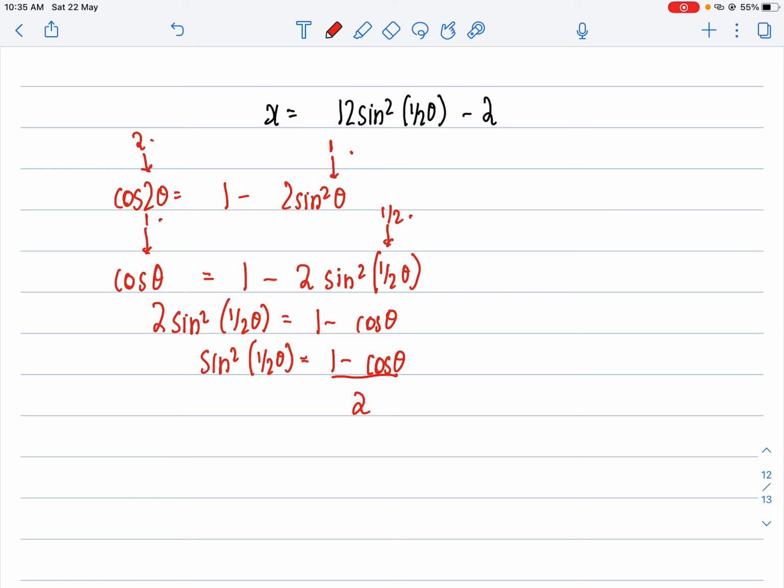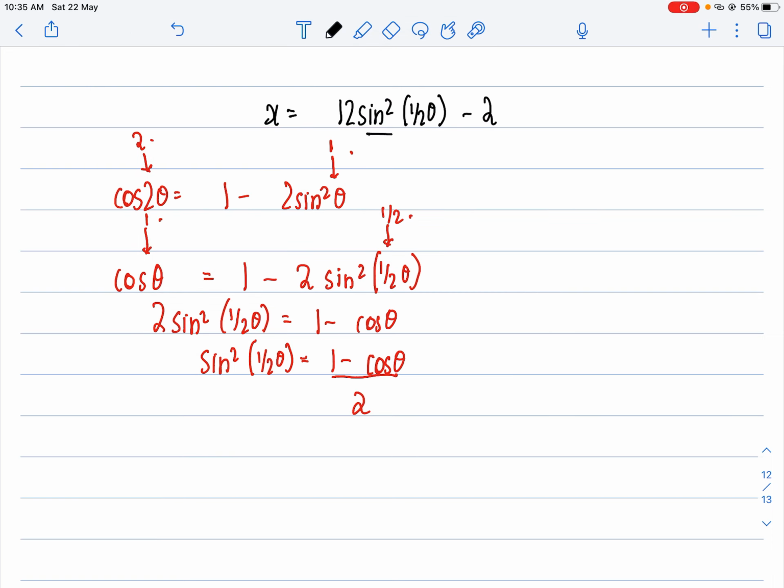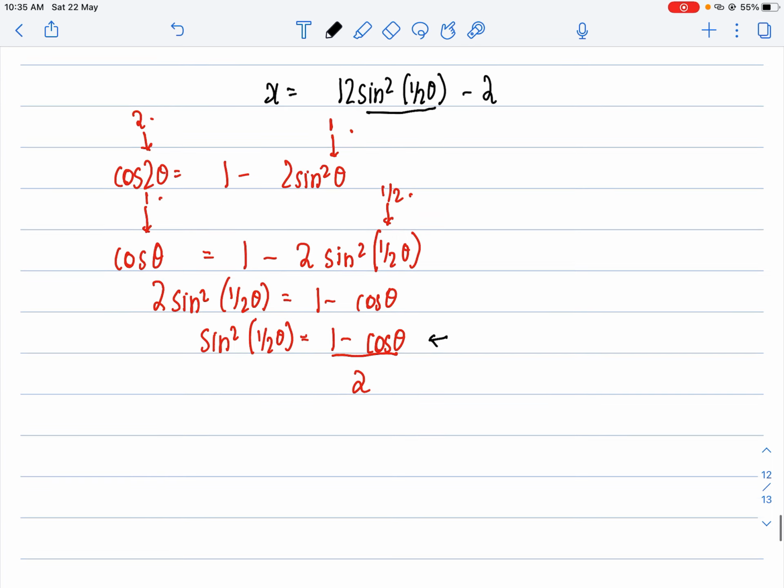Now in the place of sine square half theta, I can substitute this. So I get x equals 12 into 1 minus cos theta over 2 minus 2.